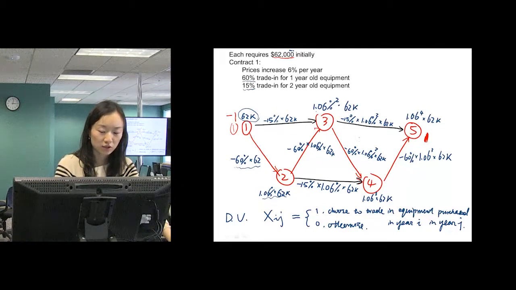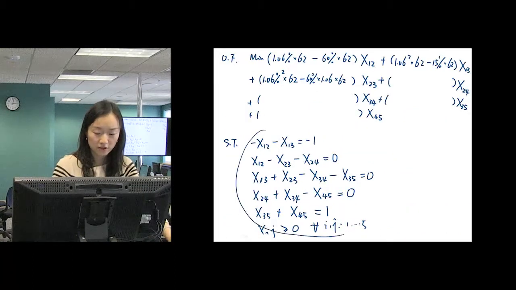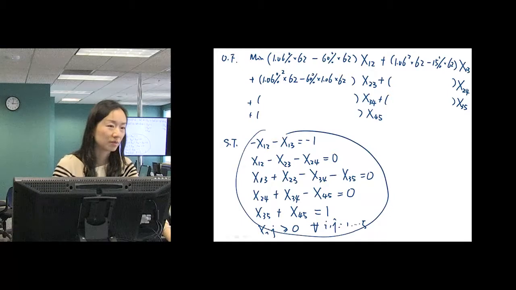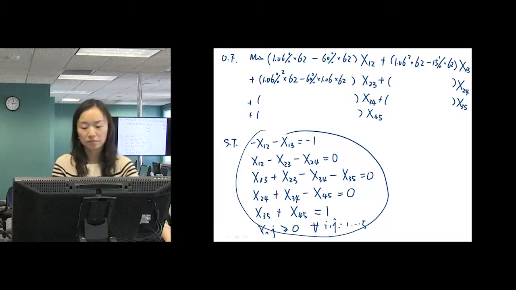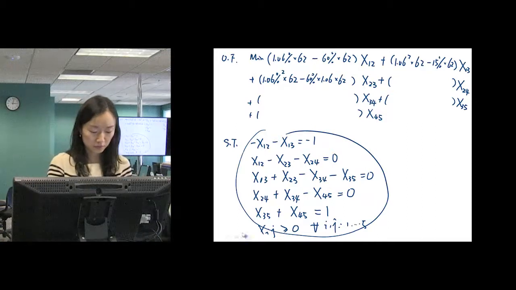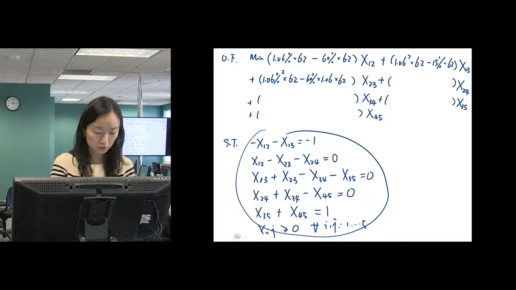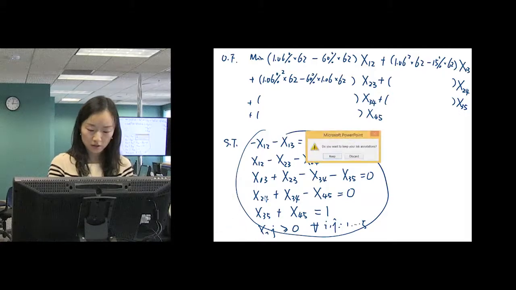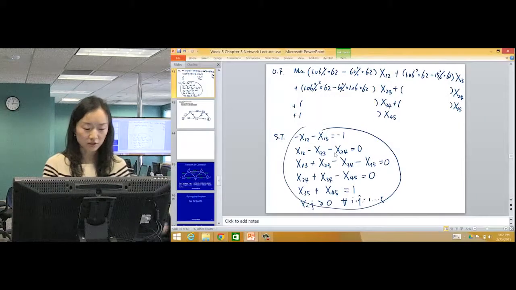We just figure out the cost that is associated, and then we have the balance of flow rule, the shortest path problem constraint, and then we're done. Okay, so this is the formulation of this equipment replacement problem, which is pretty important.